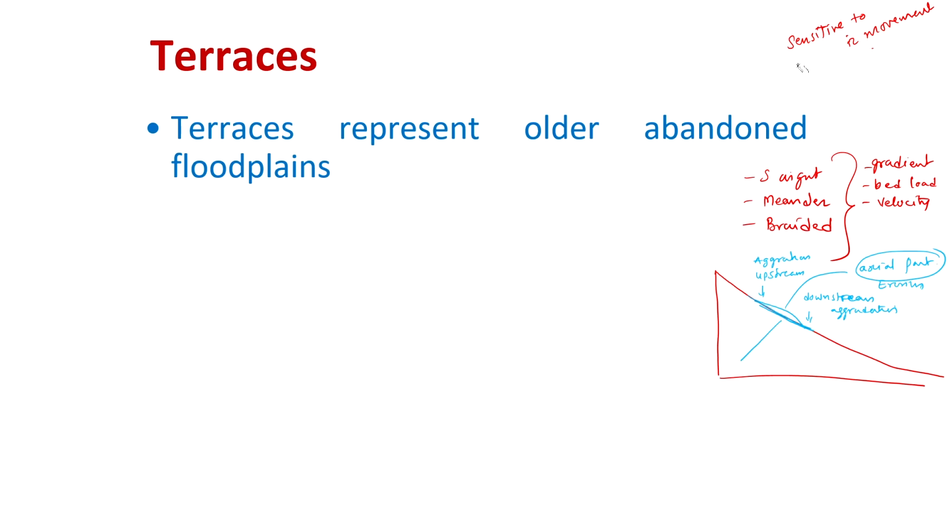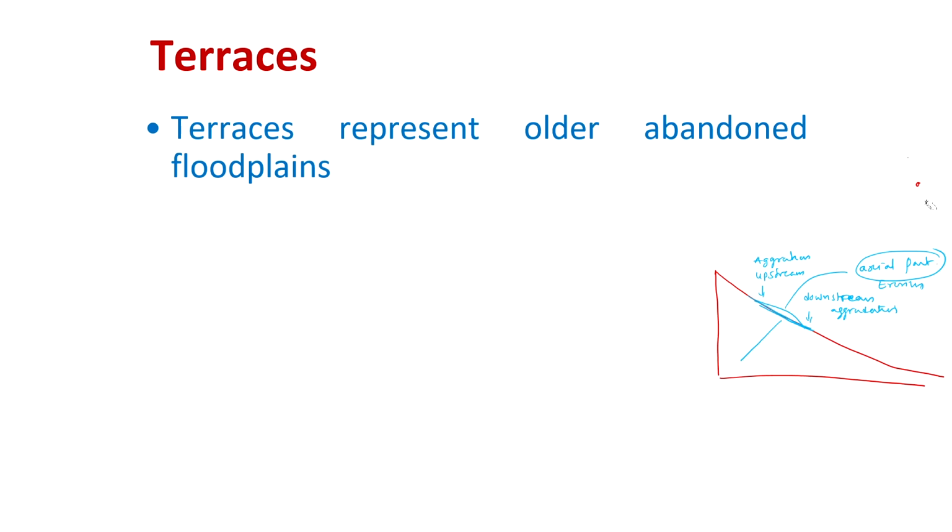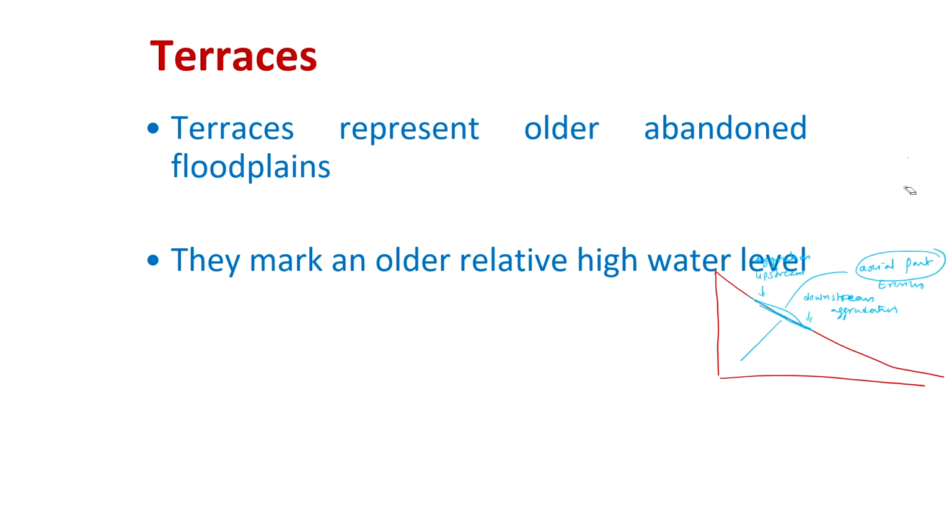This was the area of deposition where you see the terraces now, which we are calling terraces. Further, they mark the older relative high water level. That means the stream has flowed at that point in the past.